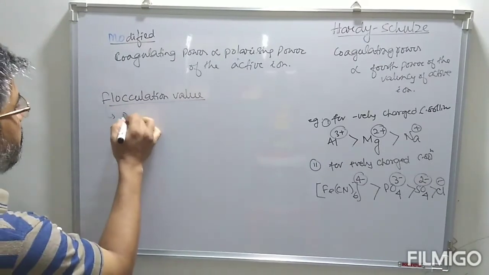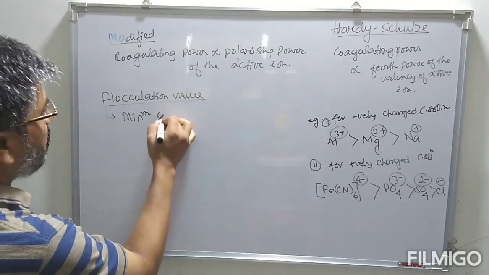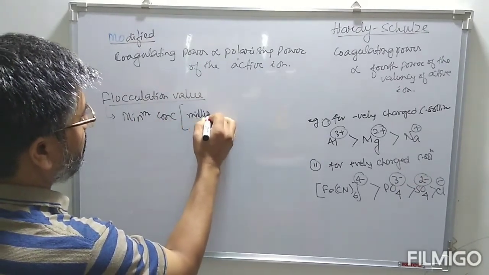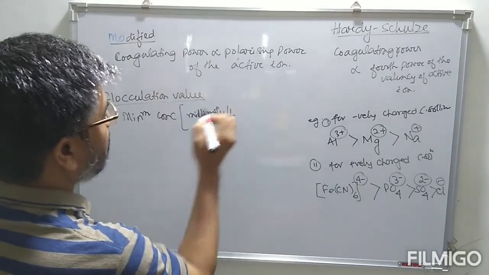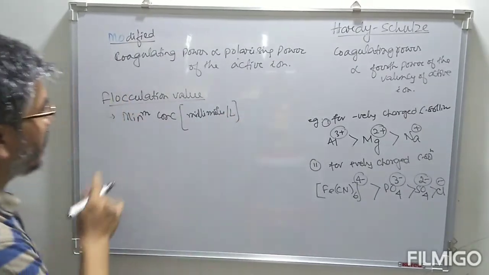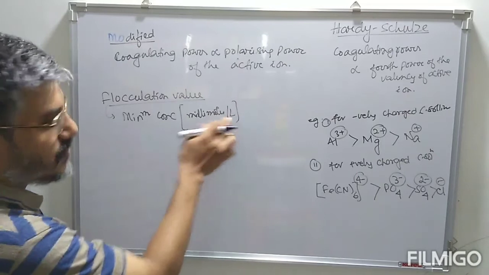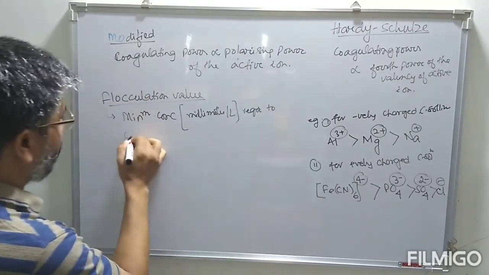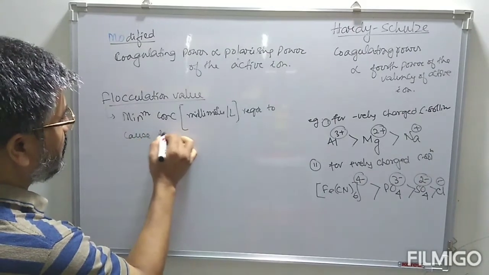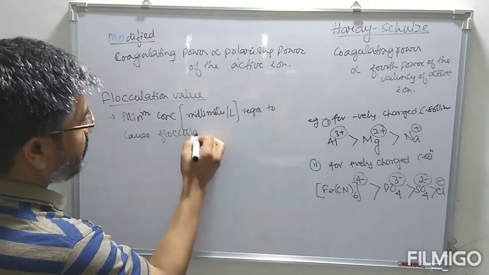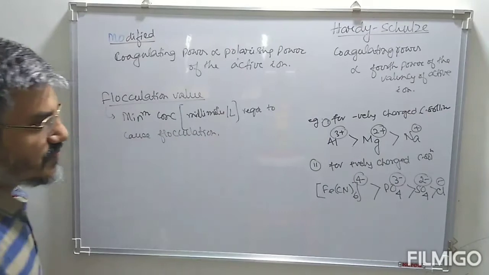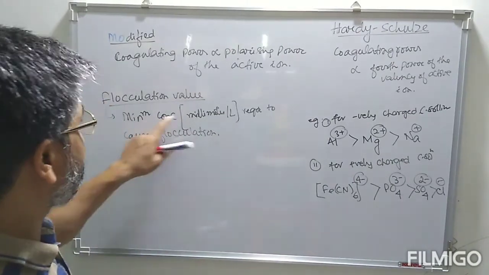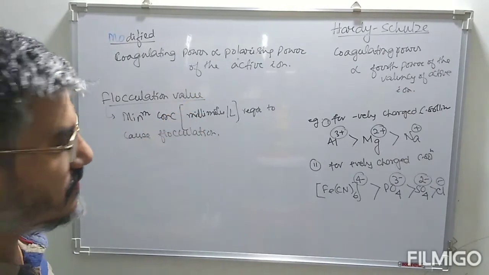The definition says it's a minimum concentration, in millimoles per liter, required to cause flocculation.